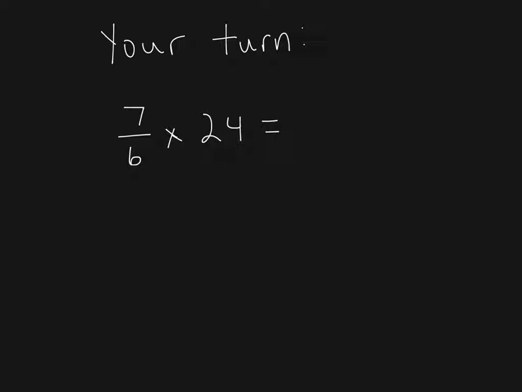Now it's your turn to do one. 7/6 times 24. And you may choose to simply multiply 7 times 24 and then divide that number by 6. You will definitely need to use a pencil and paper to work it out that way. If you want to find a simplified version right off by using common factors, then you need to think about what number is a factor of both 6 and 24.